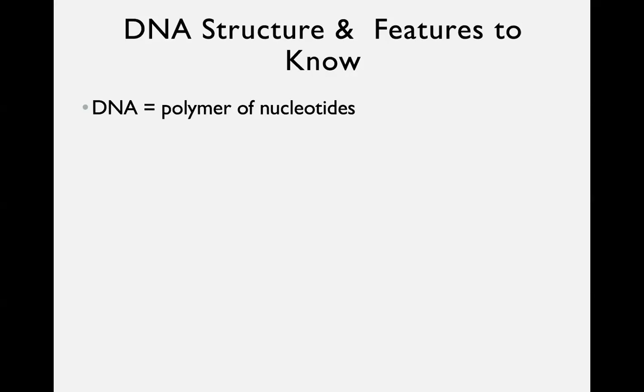Nucleotides are the monomer, a bunch of those strung together basically makes DNA. So you want to know the term nucleotide. It is actually two of these nucleotide strands wound together into that helix shape. So it's a double-stranded helix, that's what we call it.